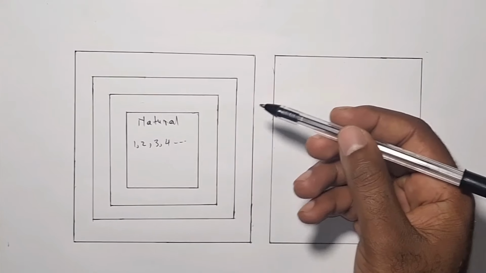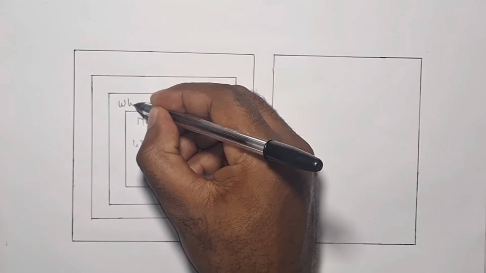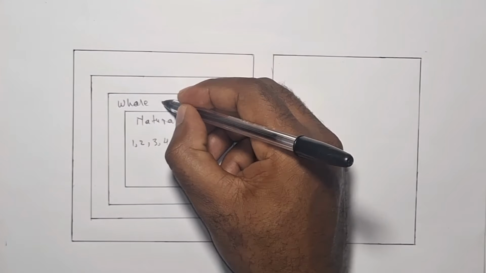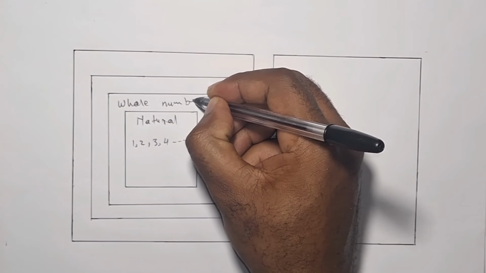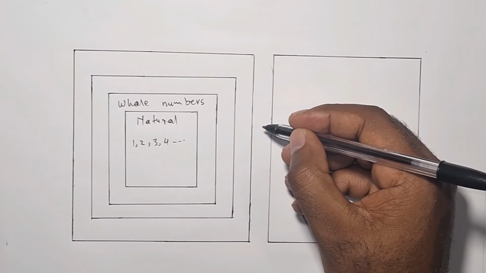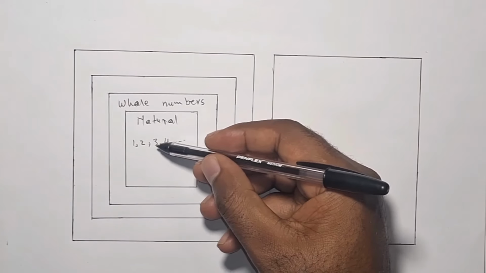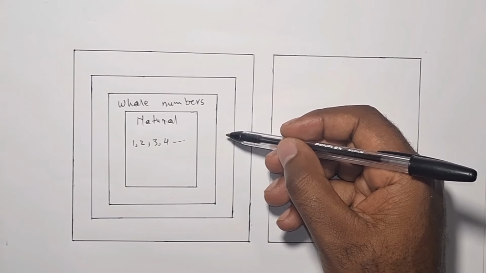Next up, we have whole numbers, the second layer of numbers. These are just like natural numbers, but with a bonus because they also include the number 0. So we are talking about 0, 1, 2, 3, and so on.